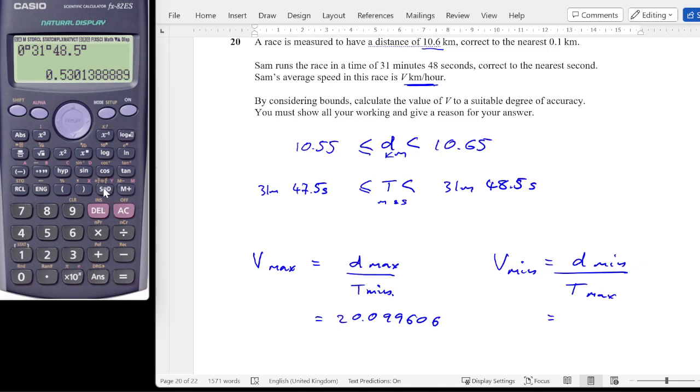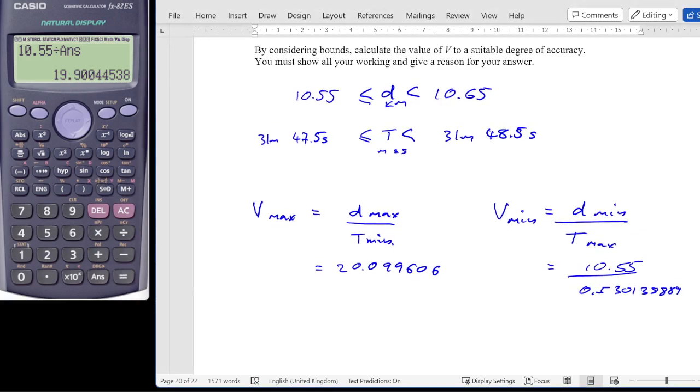So I'm going to call that 0.5301388889, and I want to do 10.55 divided by that. Okay, there we go. Finally, so I'd pressed the wrong button.